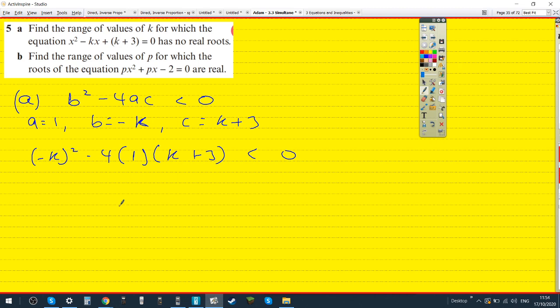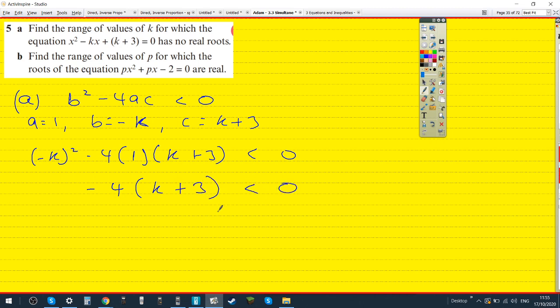Simplify. What do we get? So we can multiply minus 4 and 1. Sure. So that'll make it minus 4 still, multiplied by K plus 3 in brackets, less than 0.